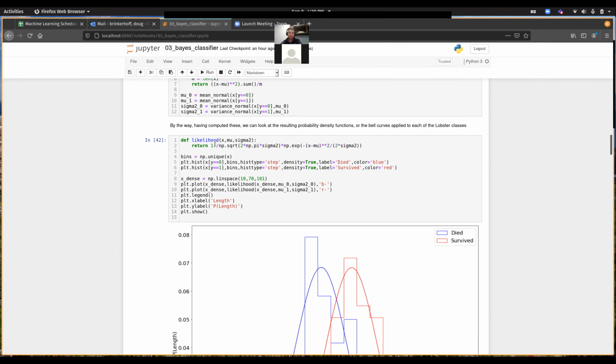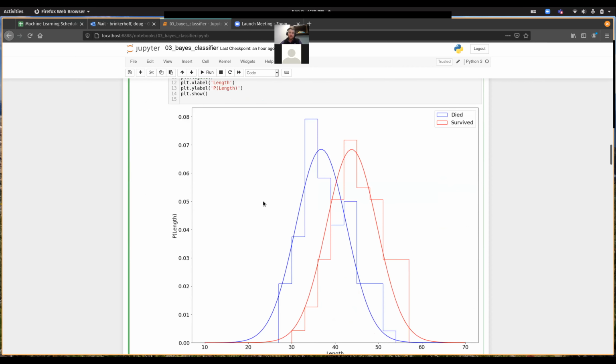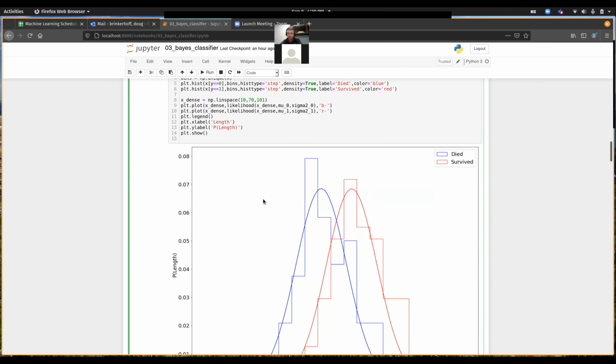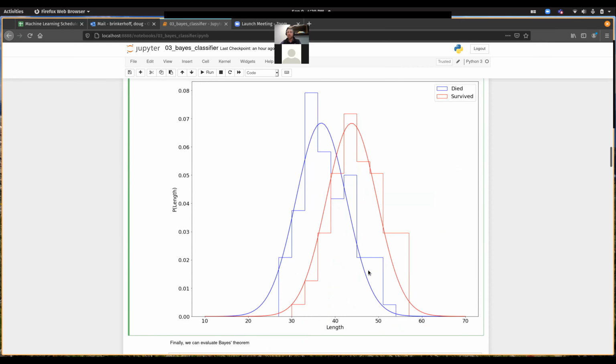So here's my likelihood function. This is just that PDF. And if I evaluate this PDF for these parameters that I learned and plot them as a function of length, you'll see that I've now fit this bell curve. It sort of winds up with these histograms. But this is my model of length given class, right?